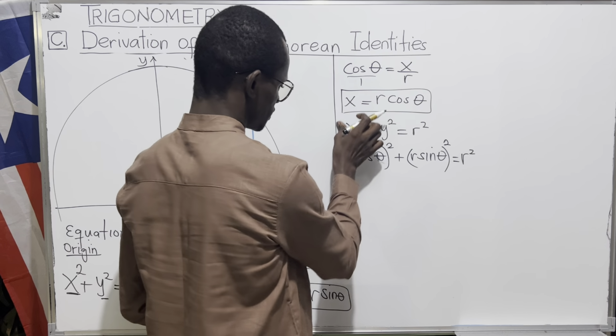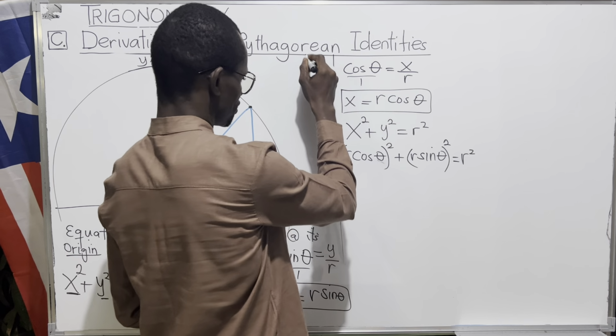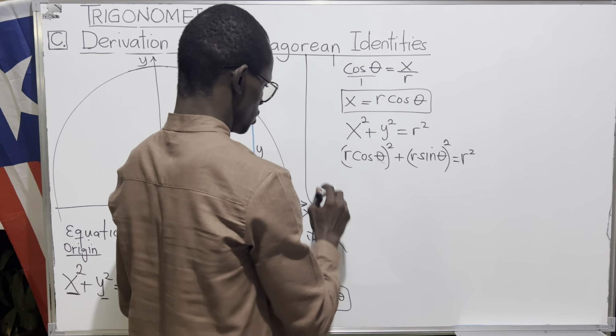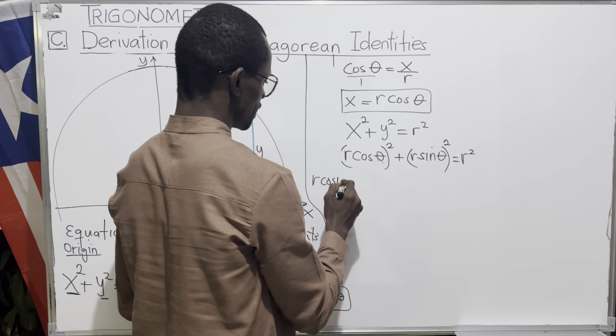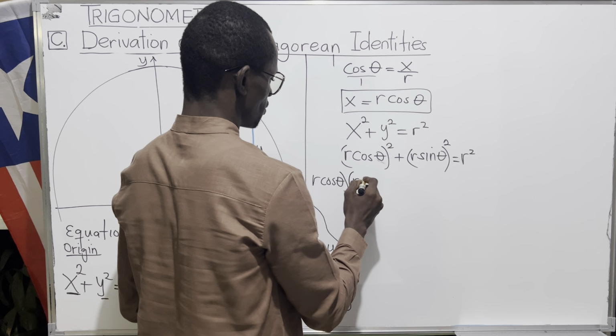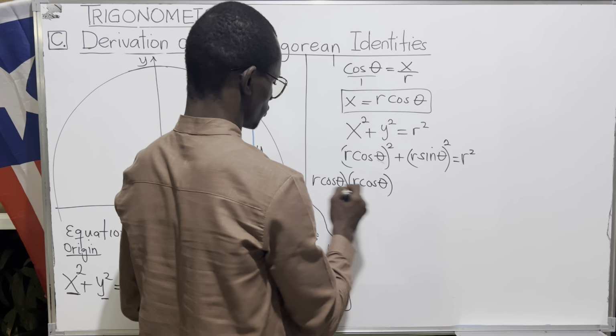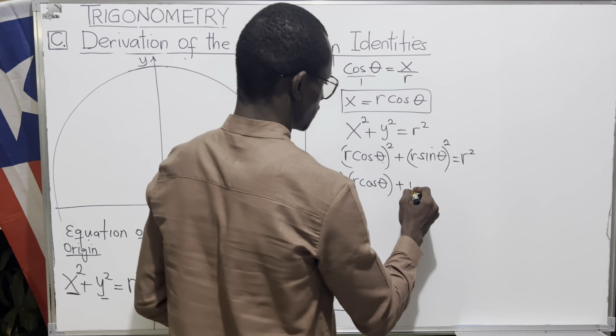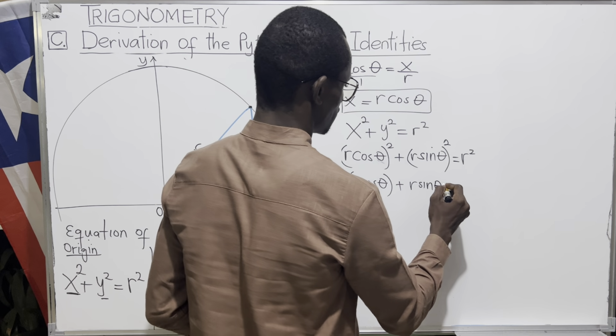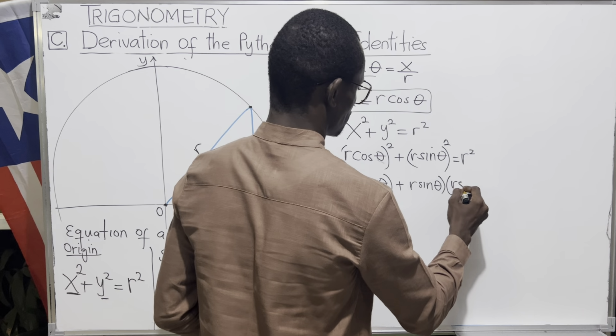So this means that we must multiply each expression by itself. So we can say r cos of theta times r cos of theta plus r sine of theta times r sine of theta, all equals r squared.